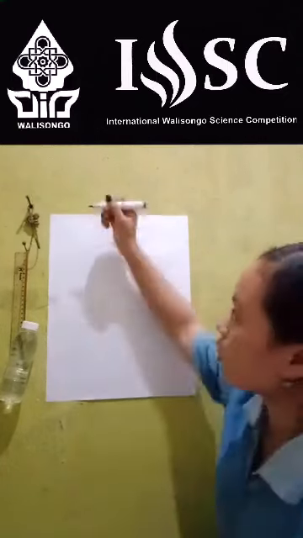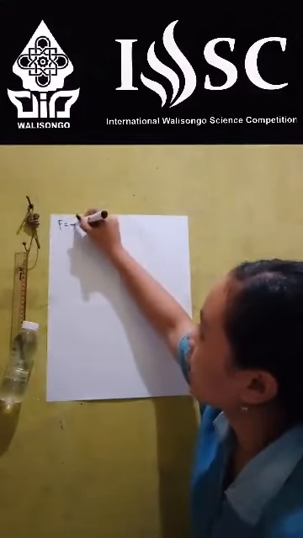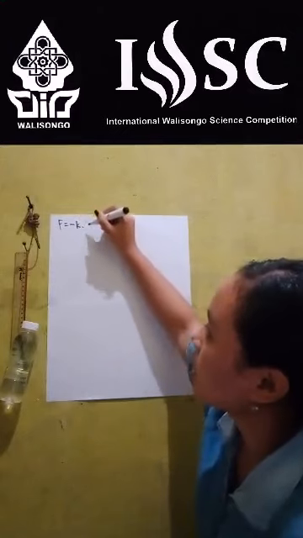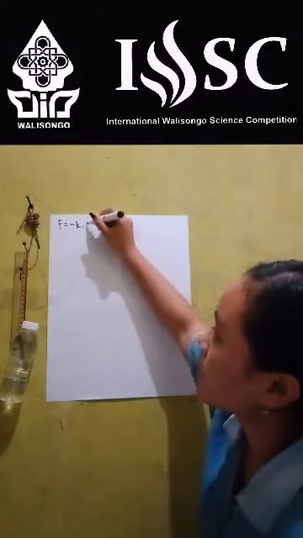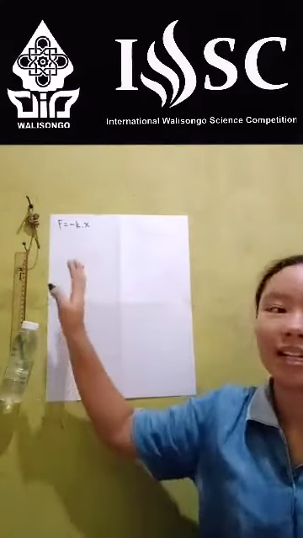We can write Hooke's law equation as force equals negative k times the displacement of the object. The negative sign indicates that the force of the spring is always opposite the direction of the movement of the object.